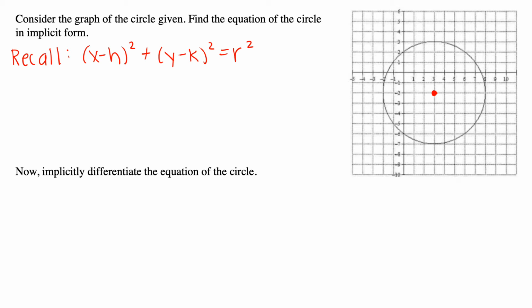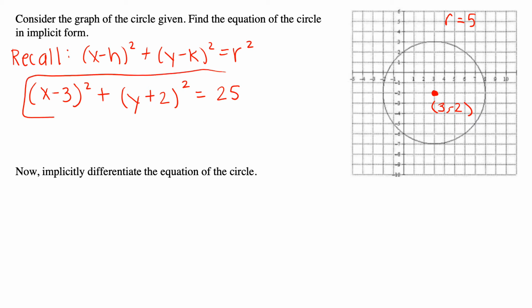So notice we have our center here at (3, negative 2), and our radius, since we have a distance from the center to the outside of 1, 2, 3, 4, 5, is 5. That means we can write the equation of this circle as (x minus 3) squared plus (y minus negative 2, which gives us a plus 2) squared equals 5 squared, or 25. So here we have the equation of the circle drawn at the right.